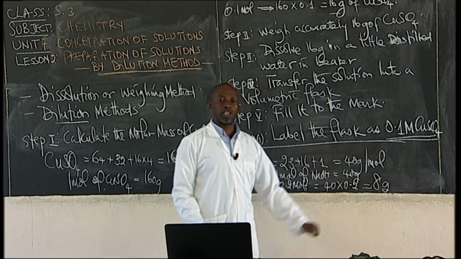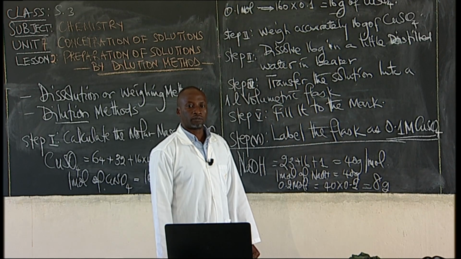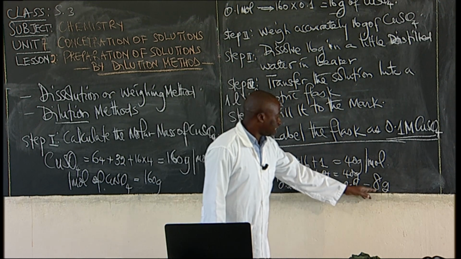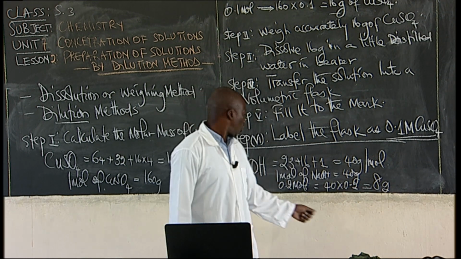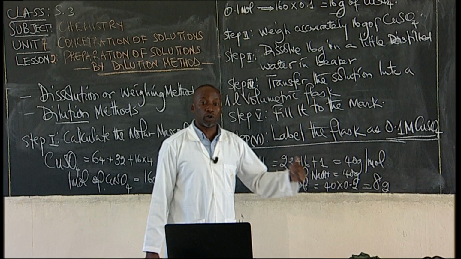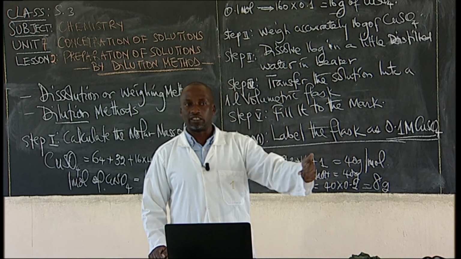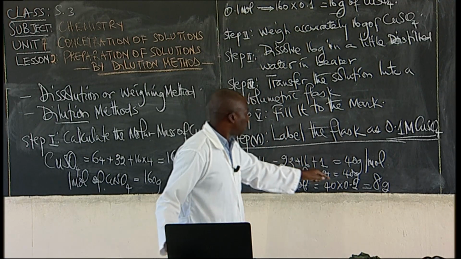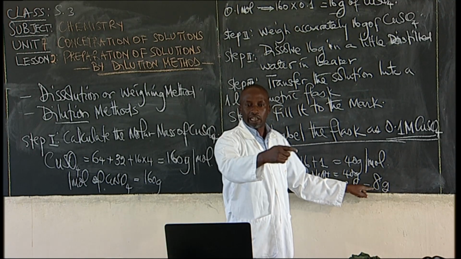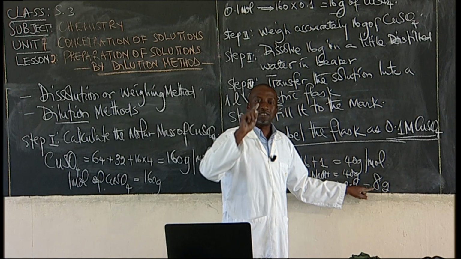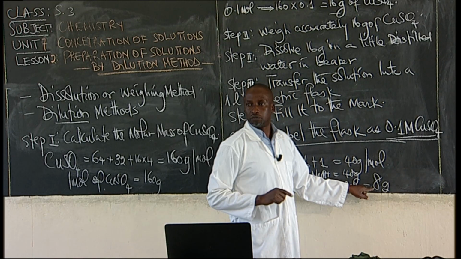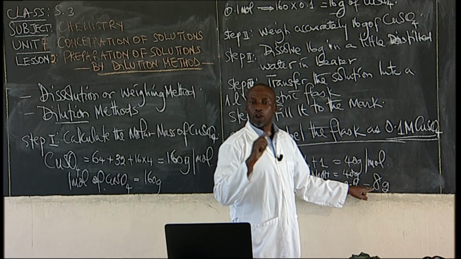Now you have to measure 8 grams. Remember, when we say 0.2, it is the number of moles in a liter. So these 8 grams are supposed to be in 1 liter. But what we are asked is 100 cubic centimeters or 100 mils.